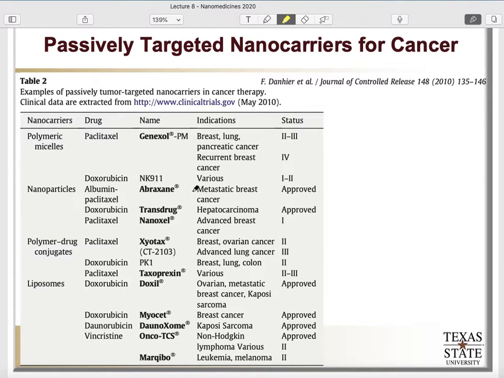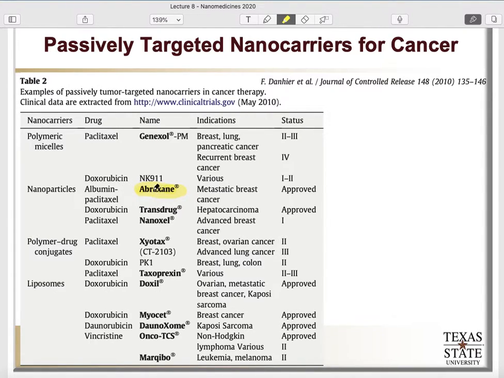In this slide, I just wanted to point out a few of them, specifically the ones that are approved, such as Abraxane. Abraxane is an albumin type nanoparticle, where albumin is a protein that is present in your blood in very high concentrations.